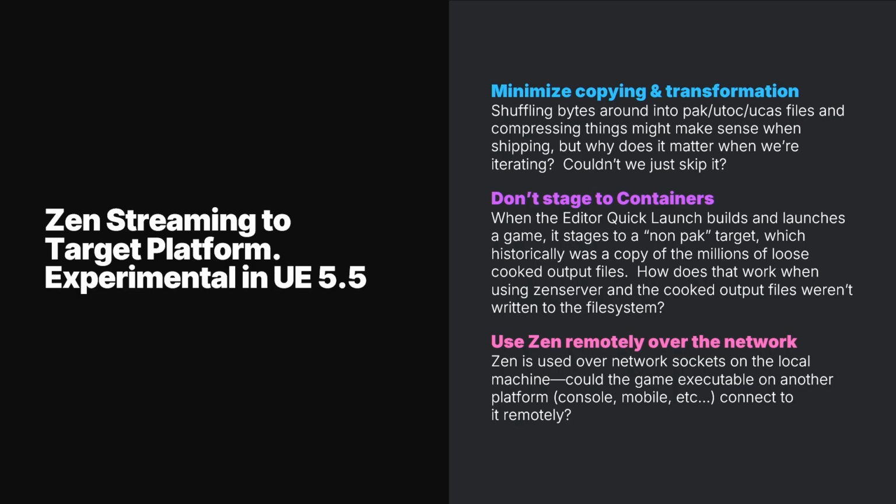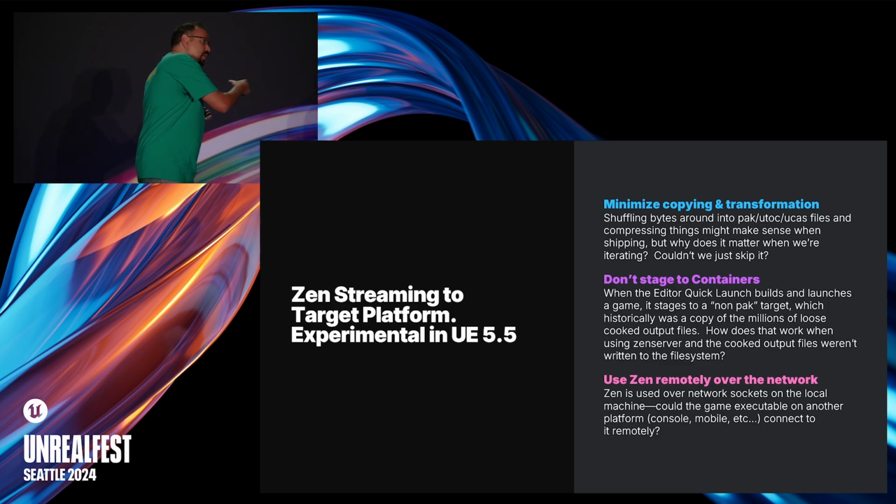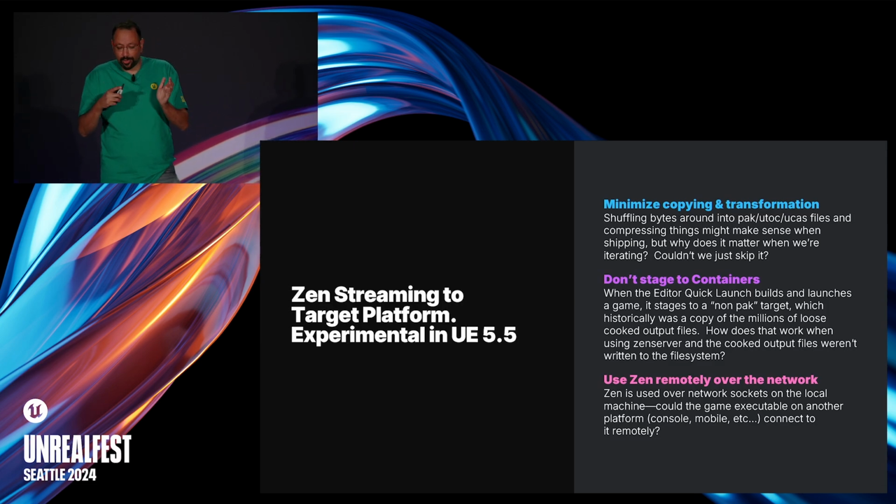In addition, we often don't want to stage to containers at all. So when using the editor quick launch, it builds and launches game. It stages to a non-pak target, which historically has meant just a one-for-one copy of all of the cooked output files from the saved cooked folder to the stage builds folder.